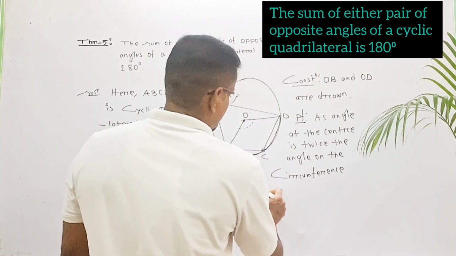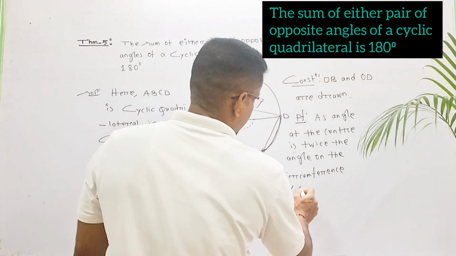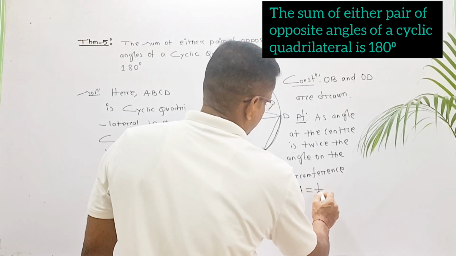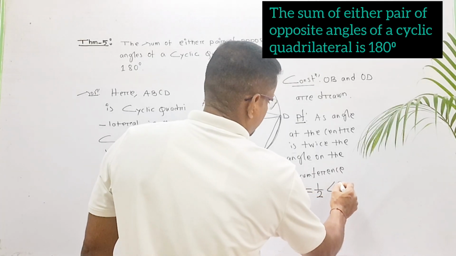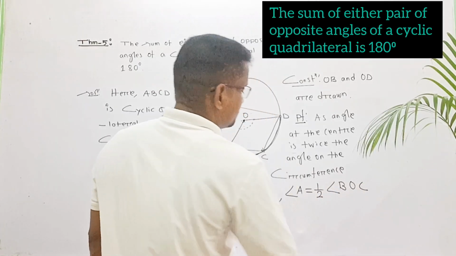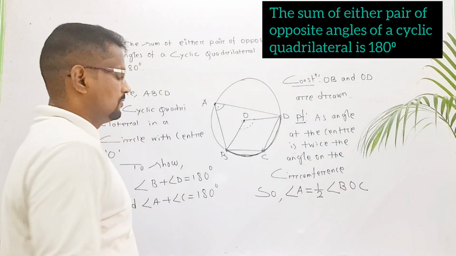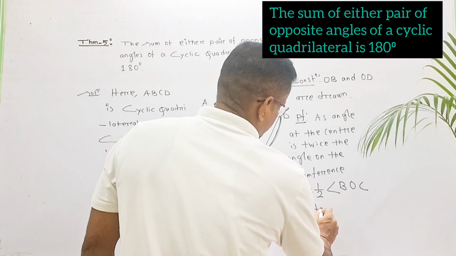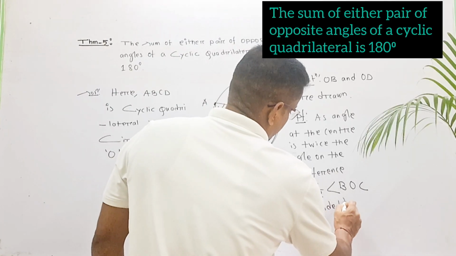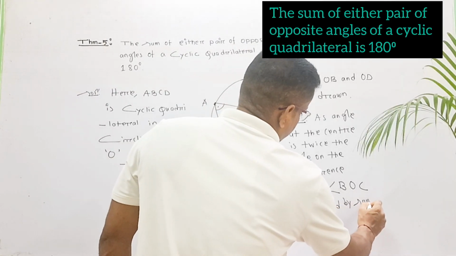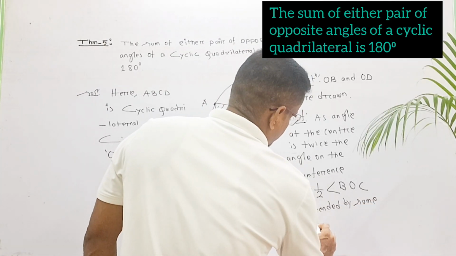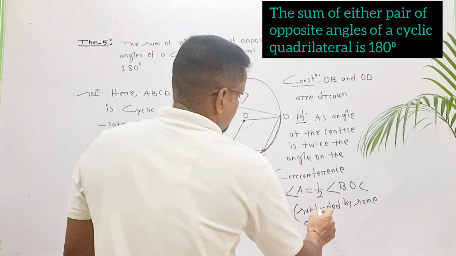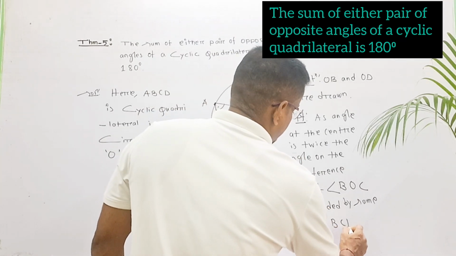from here you can say angle A is equal to half of angle BOD, subtended by the same arc BCD.